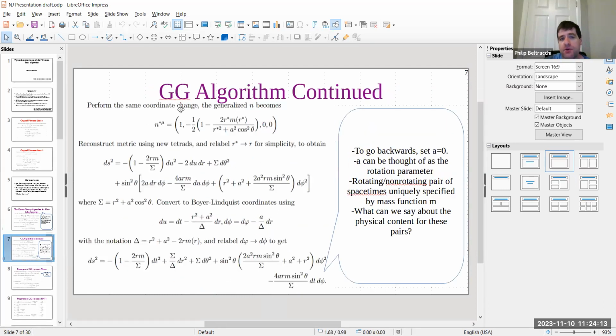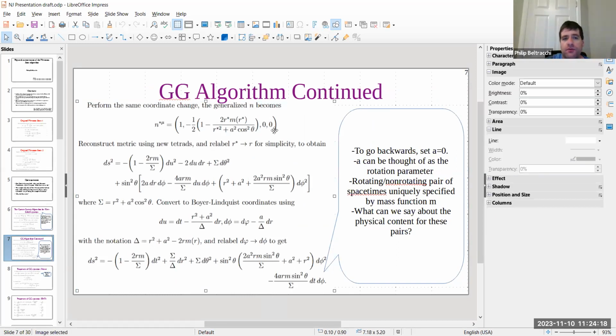We perform the same coordinate transformation and we get a new form for the vector n, the same forms for the other vectors. If we reconstruct, we get a rotating metric in these new advanced null coordinates.